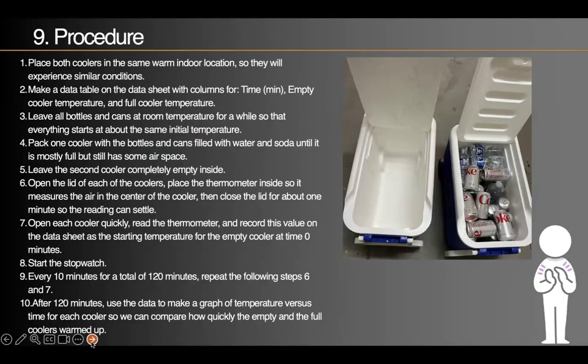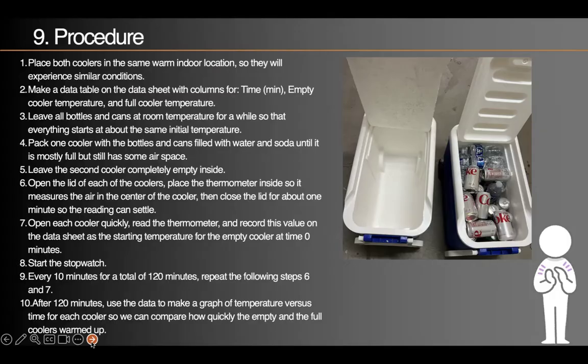For our procedure, we placed both coolers in the same warm indoor location, so they experience similar conditions. We initially left all bottles and cans at room temperature, so they all start at about the same initial temperature. We packed one cooler with bottles and cans, like the picture to the right, and one we left empty, and we closed the lids.